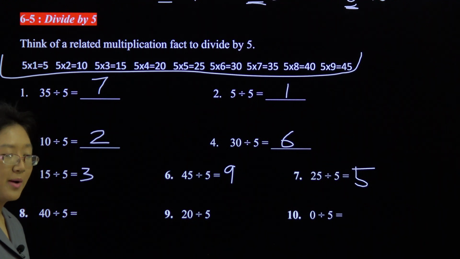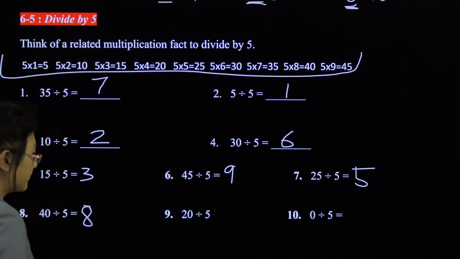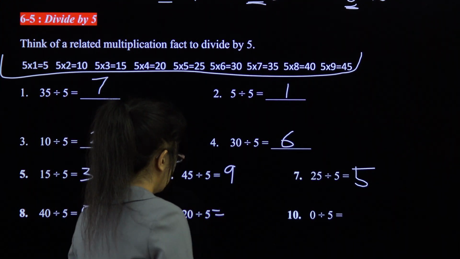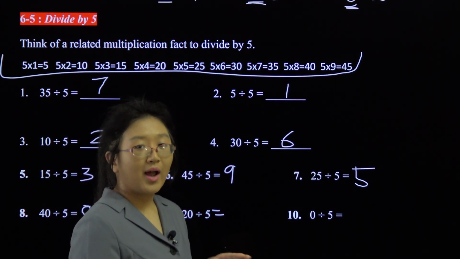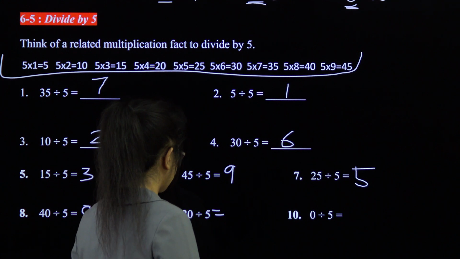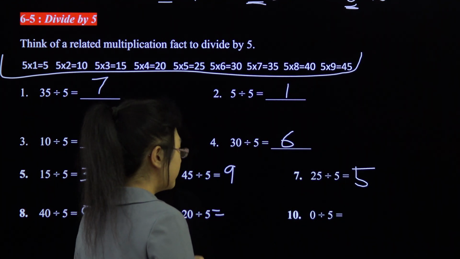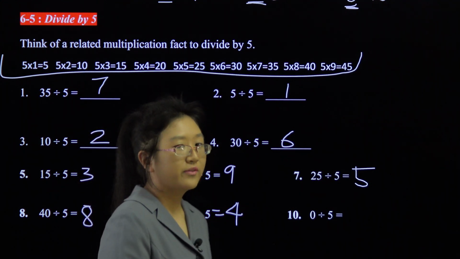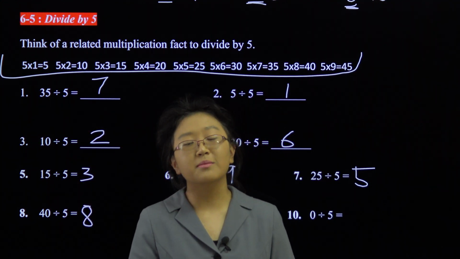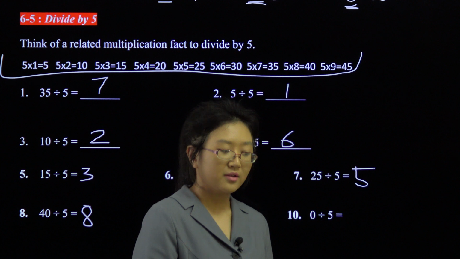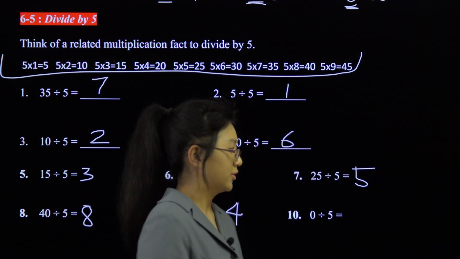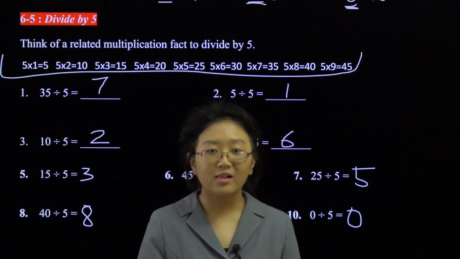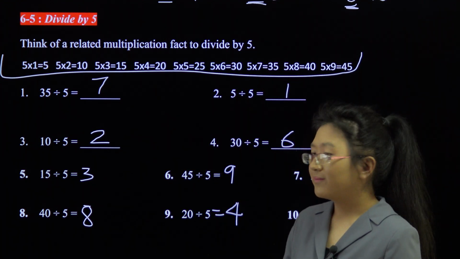So 40 divided by 5 is equal to 8. 20 divided by 5. 5 times 4 is equal to 20. So 20 divided by 5 is 4. 0 divided by 5. 5 times 0 equals 0. So 0 divided by 5 equals 0. Well, that's it for 5.